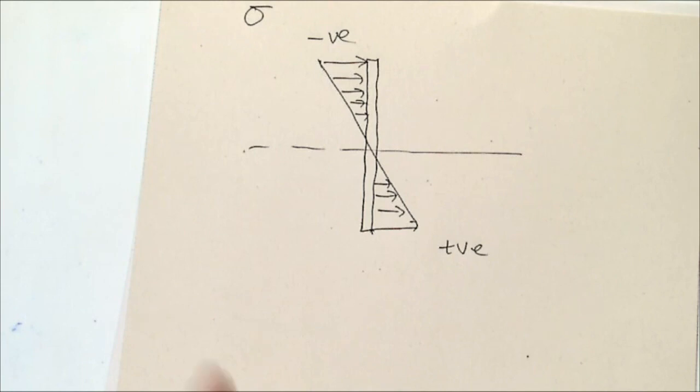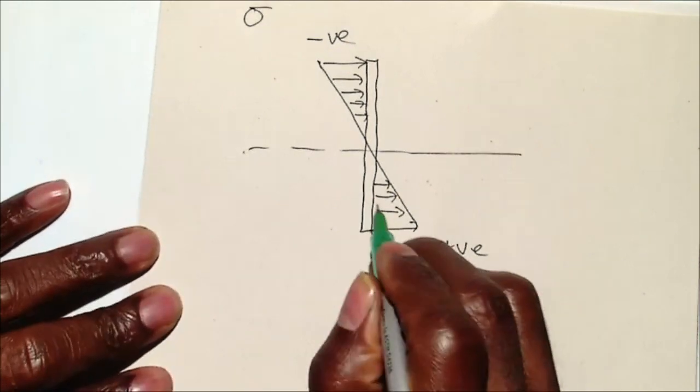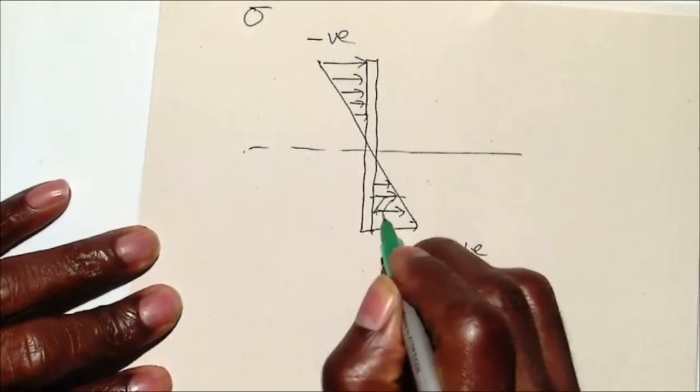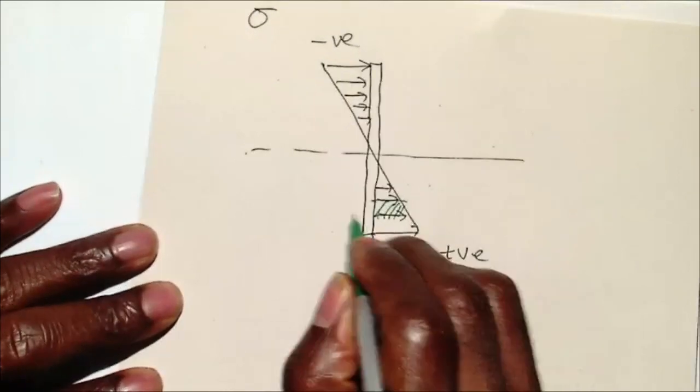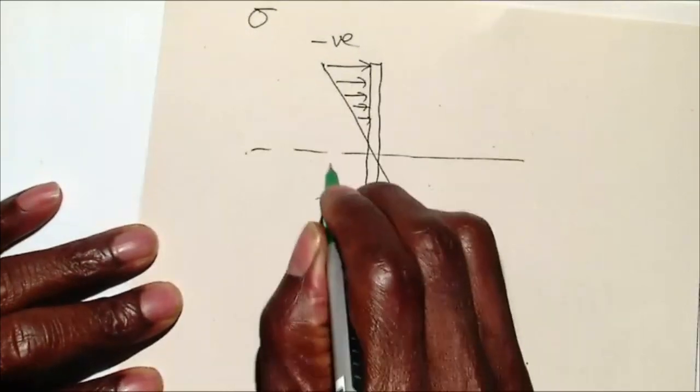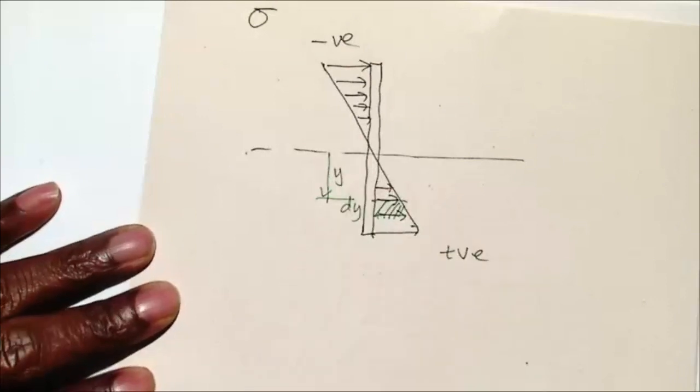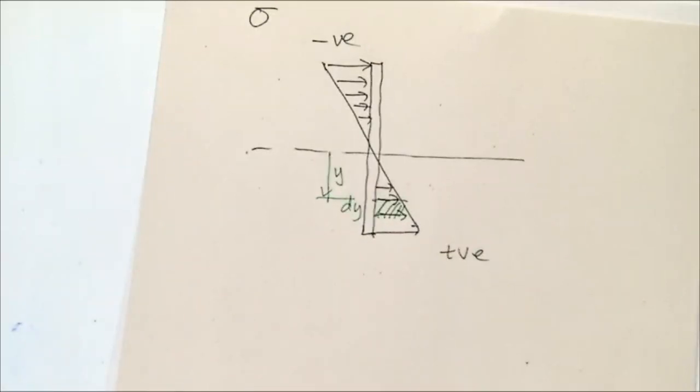So we then need to find what is the net force that stress variation will generate. We'll take an arbitrary length like that. We call that dy at a distance y from here. So we want to look at what is the net force from there.